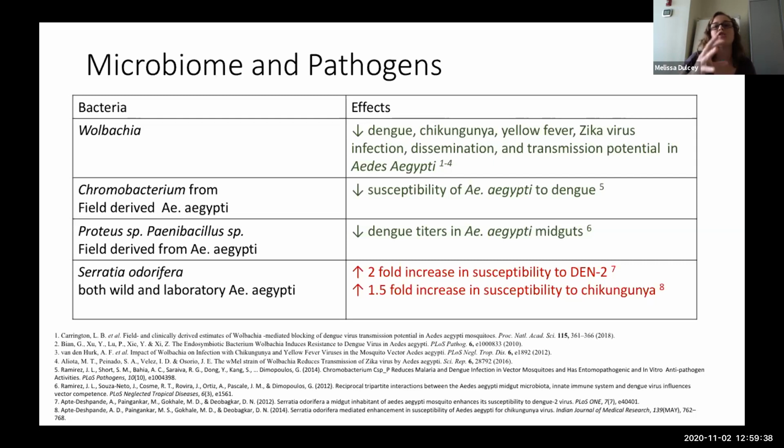And then they reintroduce a single isolate to see these effects. So really what our research is looking to do is bridge these two areas together, looking at these natural changes that occur from feeding on different species and the microbiome changes, and seeing if those create certain assemblages that can change pathogen transmission in the mosquito.